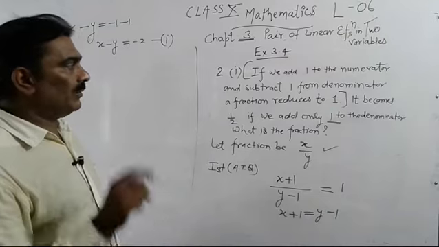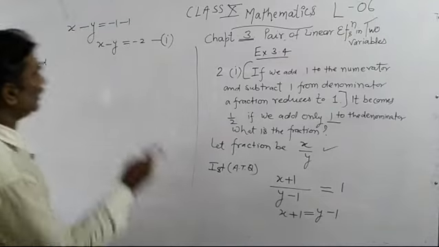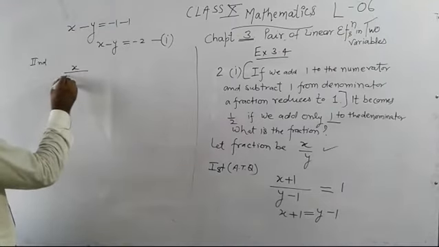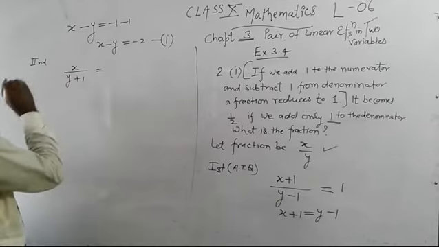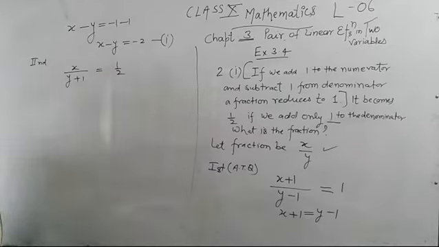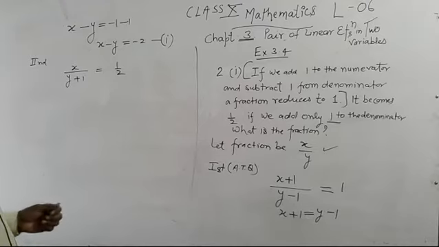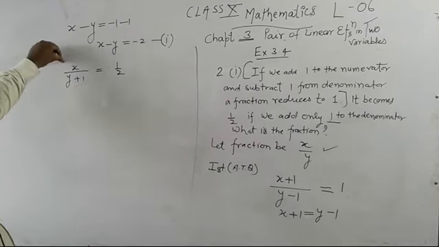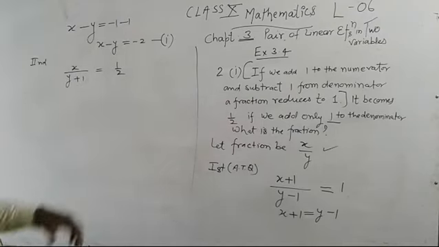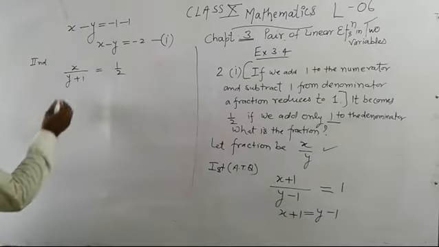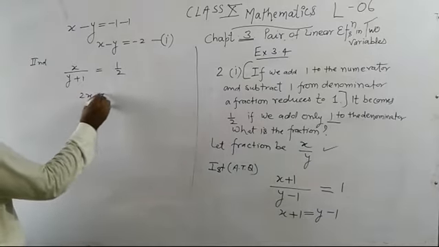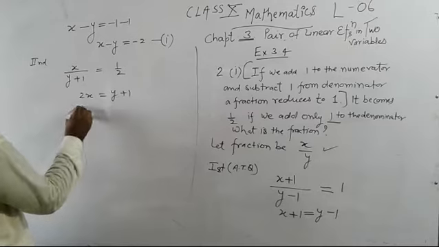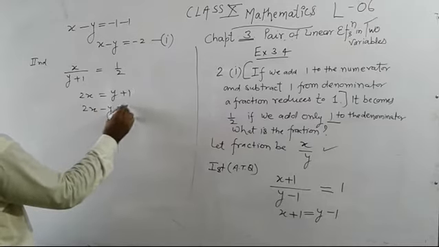You have to add only 1 to the denominator, that is x upon y plus 1 is equal to 1 upon 2. Nothing with the numerator, and the fraction becomes 1 upon 2. Now do cross multiplication. 2x is equal to y plus 1 or 2x minus y is equal to 1, equation number second.